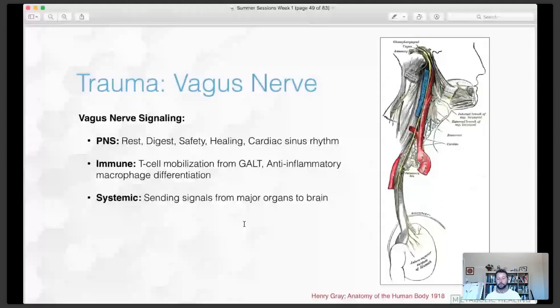T-cell mobilization from the gut lymphoid tissue is one of the major functions of the vagus, as is the differentiation of macrophages in the gut. So the movement of immune cells and the formation of new immune cells is something that acetylcholine signaling via the vagus nerve is doing. Think about that in the context of autoimmune disease or any disease involving the immune system. Any disease involving the immune system has to, on some level, involve the vagus nerve.